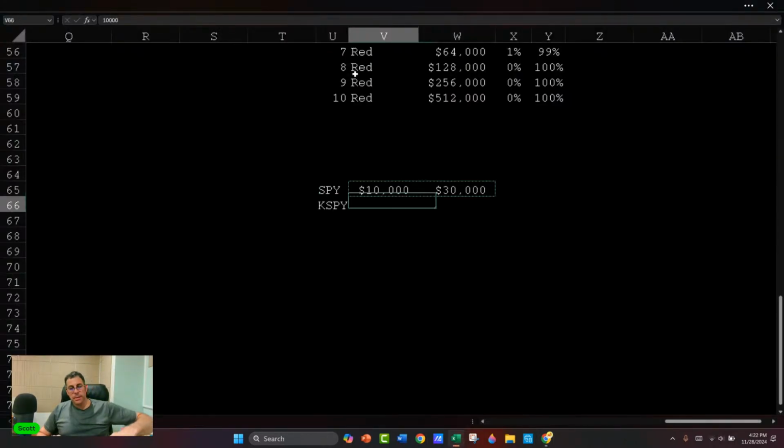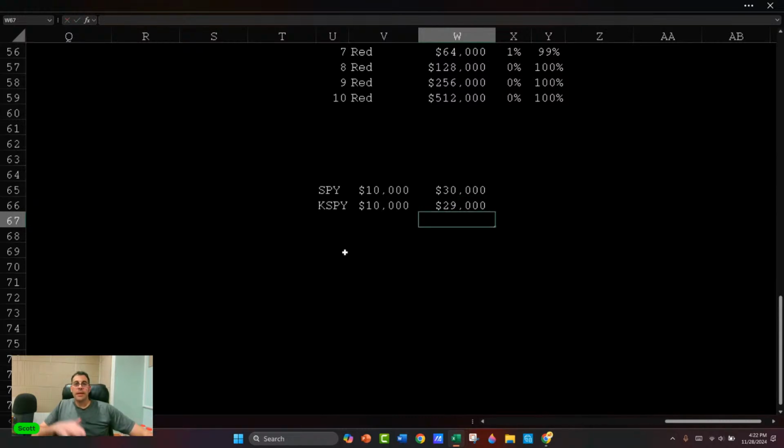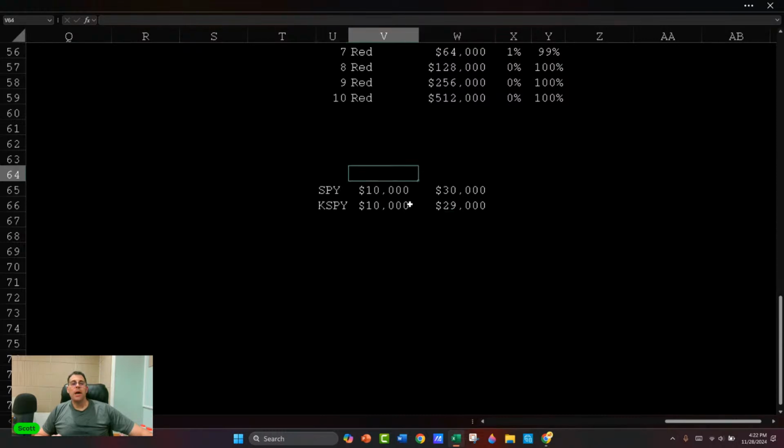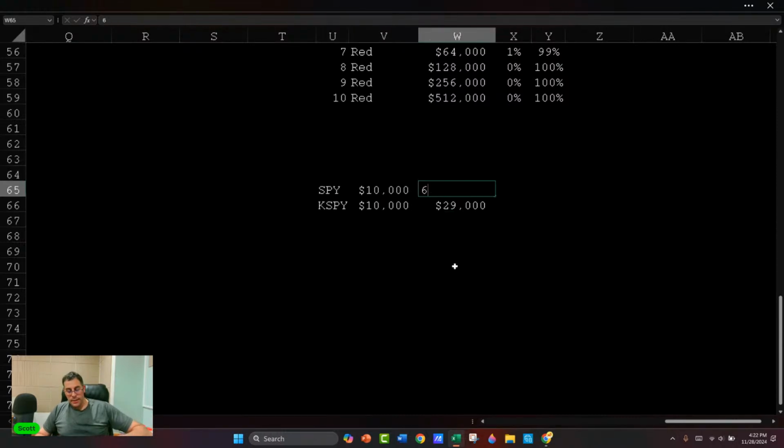So if you bought 10,000 of KSPI, you might end up with like 29,000. That's if it goes up. But if it goes way down, like if you time it wrong and you buy 10,000 and it goes down to 6,000, then this might go down to 7,000. So you save $1,000 by doing this. I don't know how much it protects downside though. I can't imagine it. If there's a huge market crash, it's 98% invested in the S&P 500, so it can't protect it totally, of course.